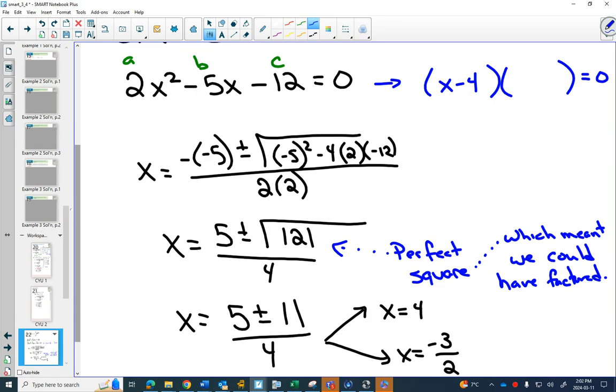And then to get 2x squared, the other one needs to have a 2x, right? And to get the minus 12, I would need to have a plus 3. And sure enough, that 2x plus 3 would give me negative 3 over 2 as my other answer. And you could have factored this and gotten x equals 4 and x equals negative 3 over 2 as well.